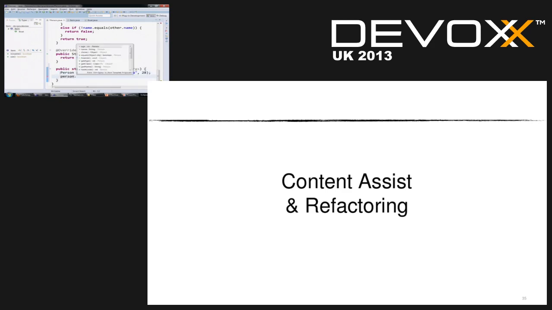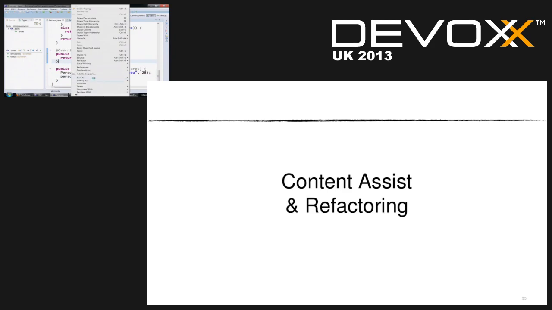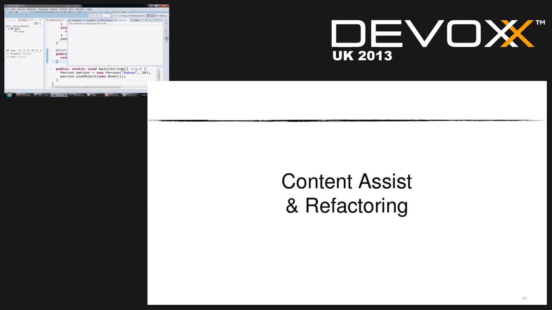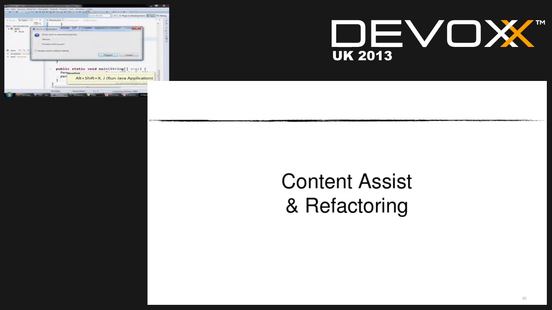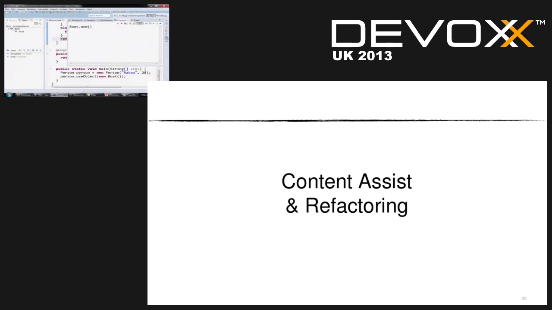And then I will call the useObject with my new Boat class. And let's quickly run it with Alt+Shift+X, J. You can see it here. Does it run now? No, it doesn't. One moment. So we can see the output of Boat use here now because we have used the boat.